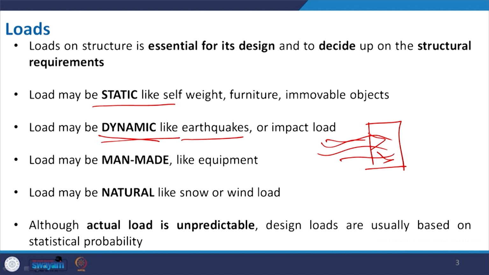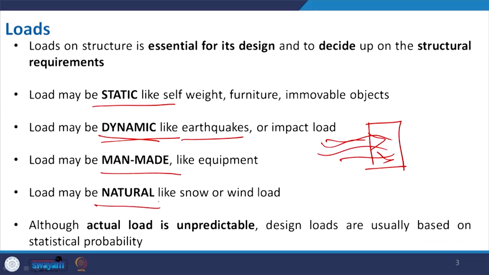Again, load can be classified as man-made load. Suppose we have equipment, like in our classroom we have benches and other furniture, which put load on the structure. And it may be natural.